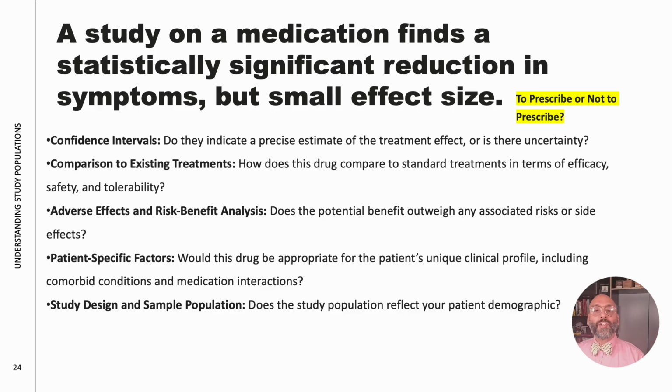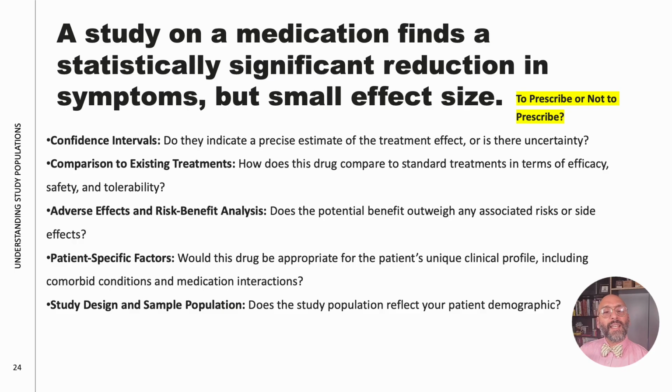The first question is precision. Confidence intervals tell us whether that small effect is reliably small or whether the estimate is unstable and could plausibly approach zero. Next comes comparison. Is this drug meaningfully better than what we already have?